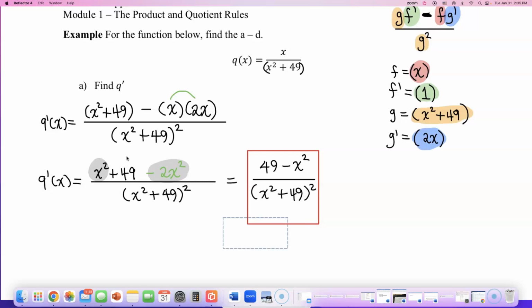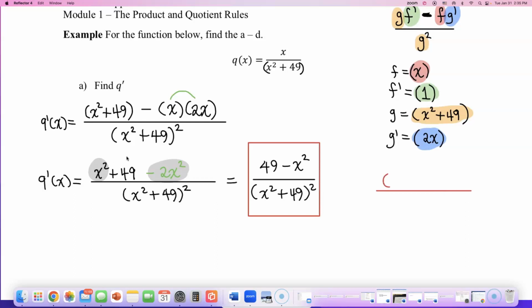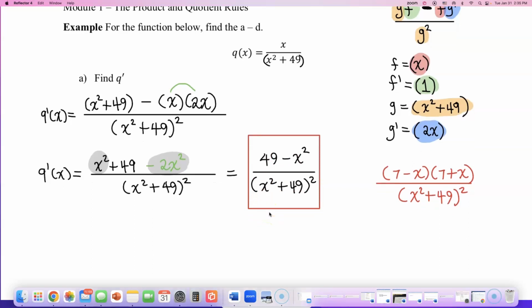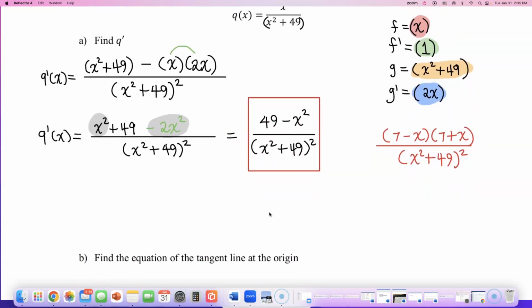Or if you want to factor the numerator, someone can write it as 7 minus x times 7 plus x all over x squared plus 49 squared. But what I boxed here, that's fine. So I'll stop there.